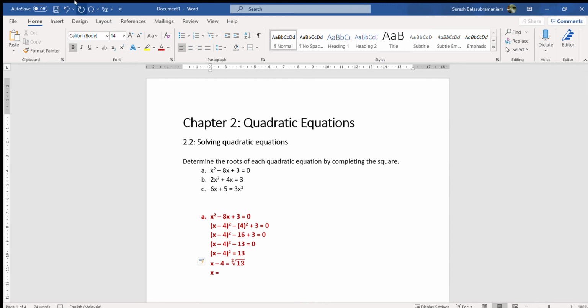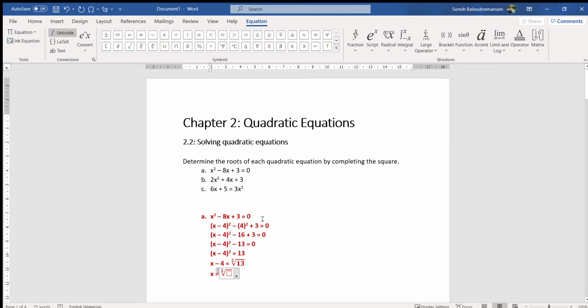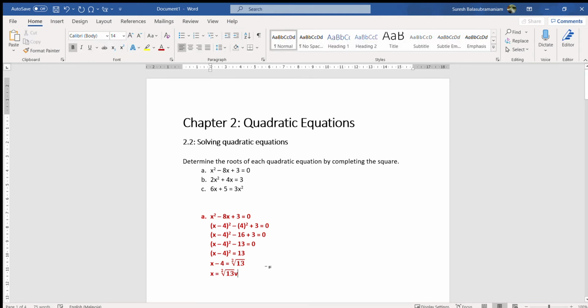I'll insert again the square root of 13 plus 4. Another thing that I missed is that when you square something, you'll get a plus minus answer.